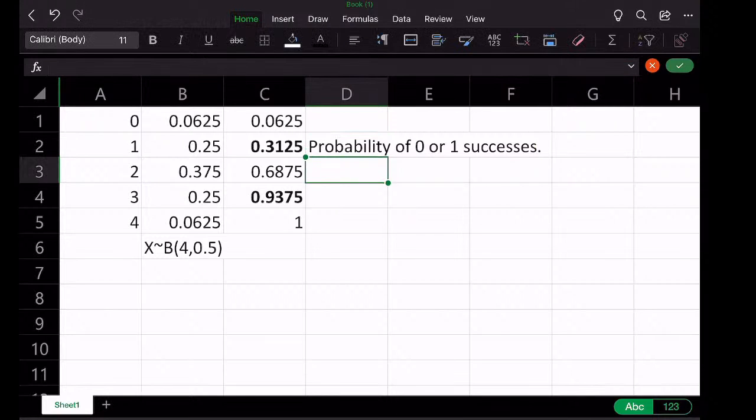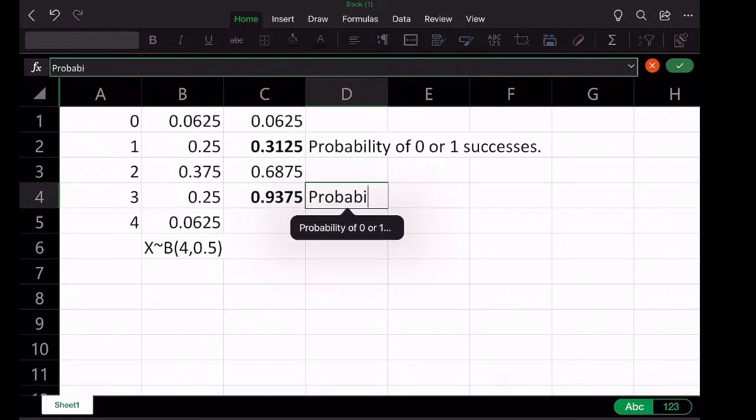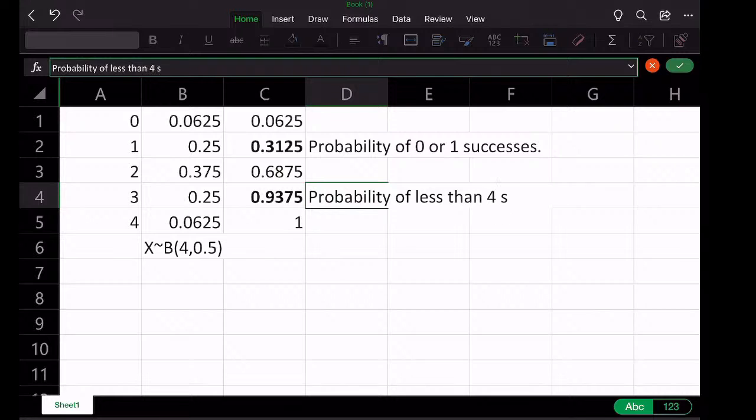Okay, so what about this one? Yes. So you could say probability of less than 4 successes.